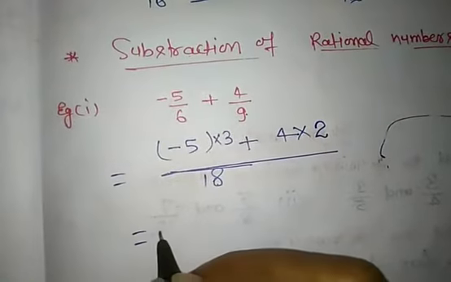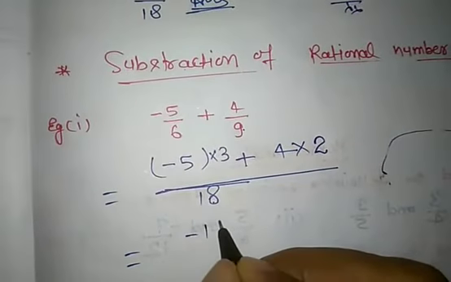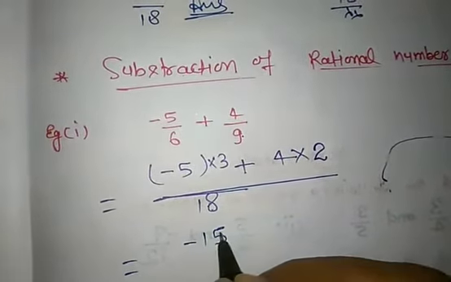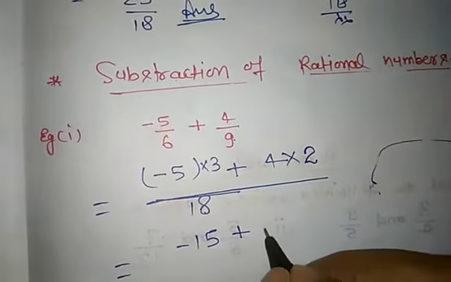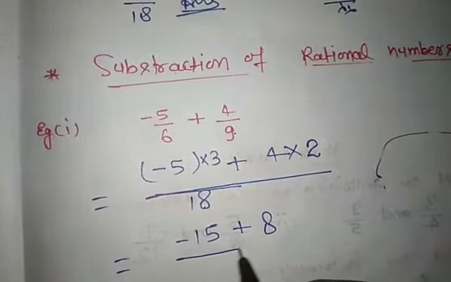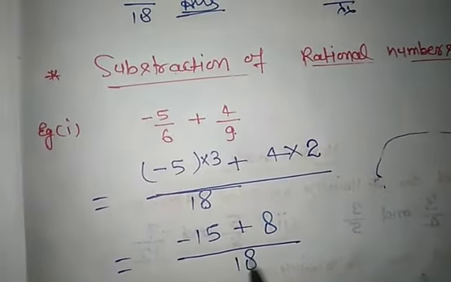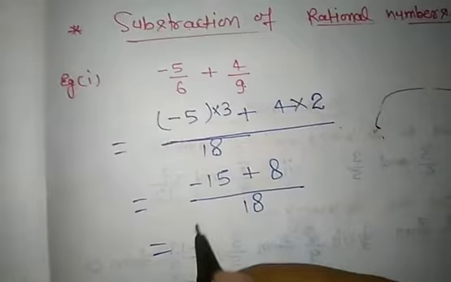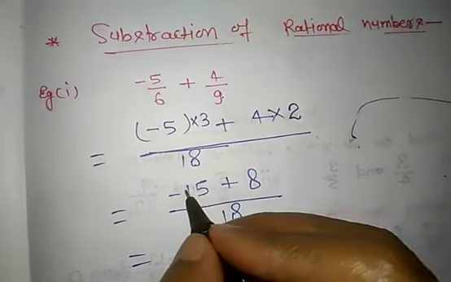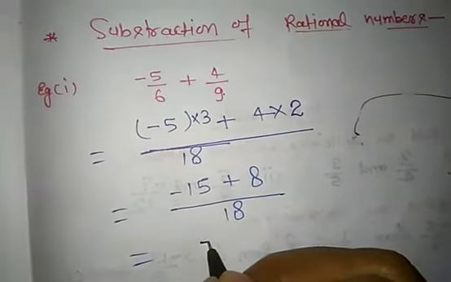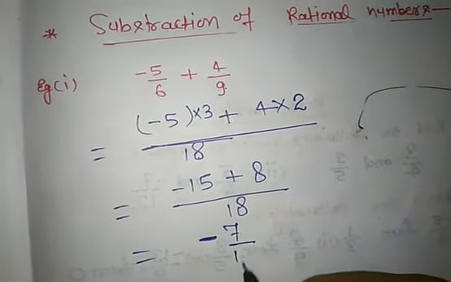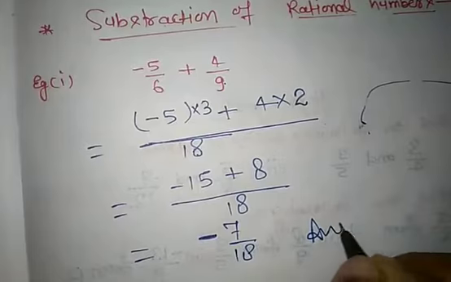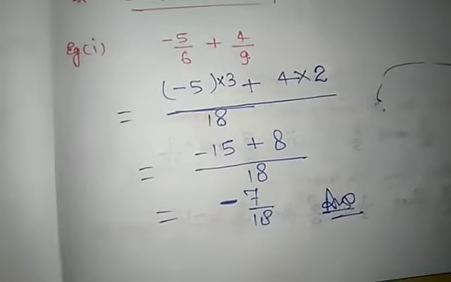In the next step, 5 3 is 15, use sign minus, 4 2 is 8 by 18. When we subtract this, we get minus 7 by 18. This is your answer.